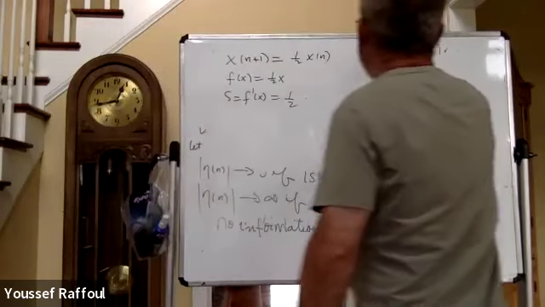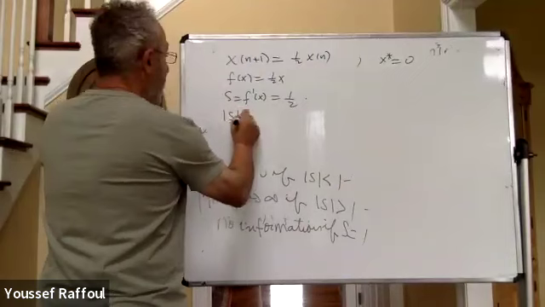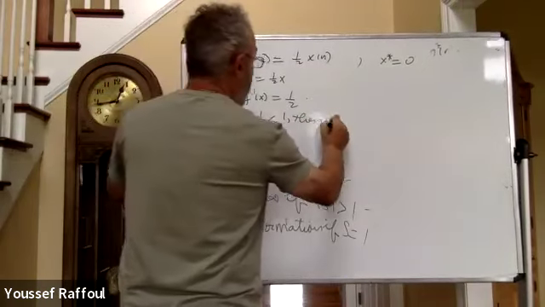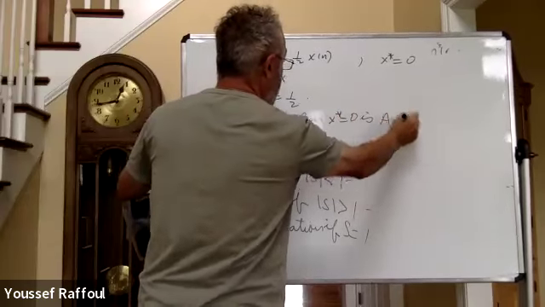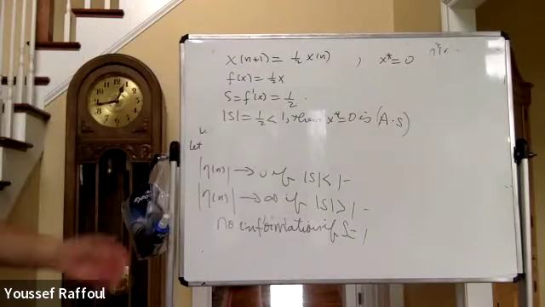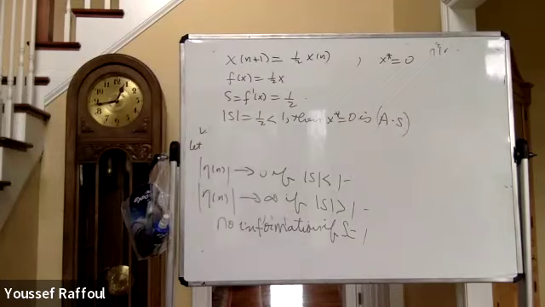And here we know that x* equals 0. And so s is 1/2, less than 1, then x* equals 0 is asymptotically stable. Okay? And we already know that the solution goes to 0. All right?